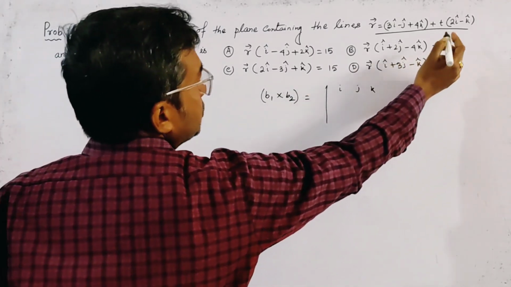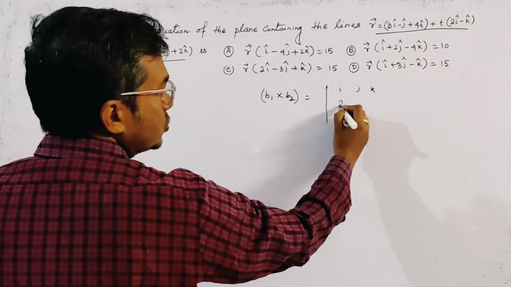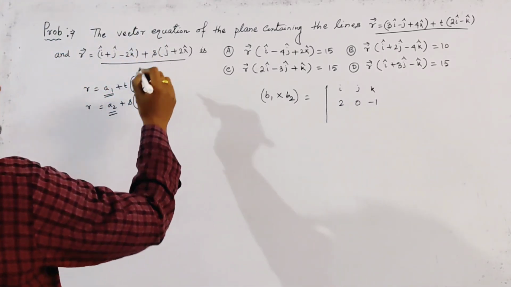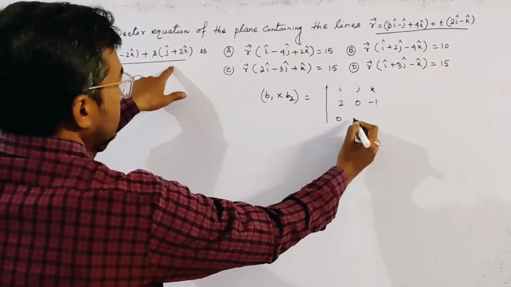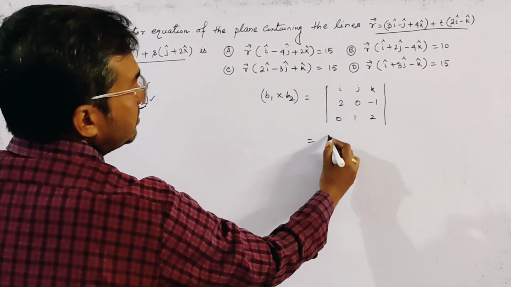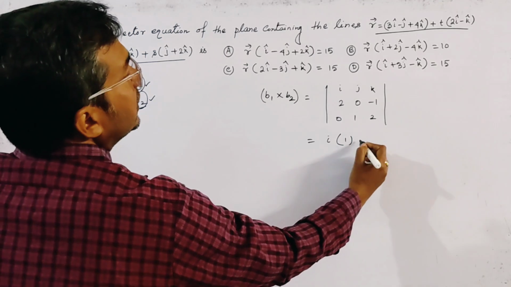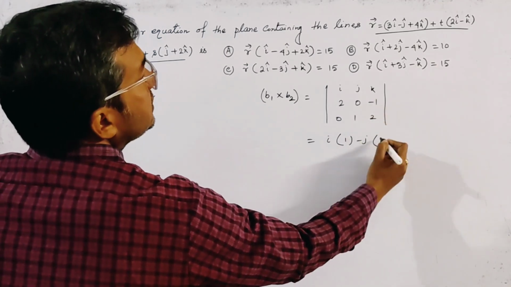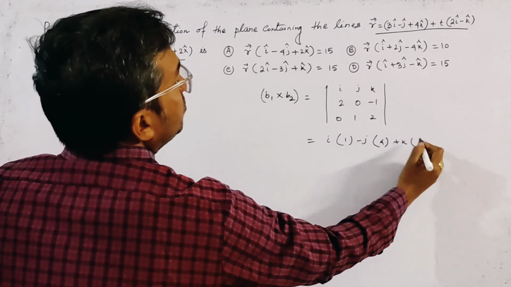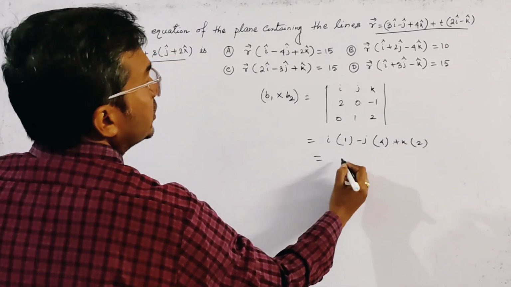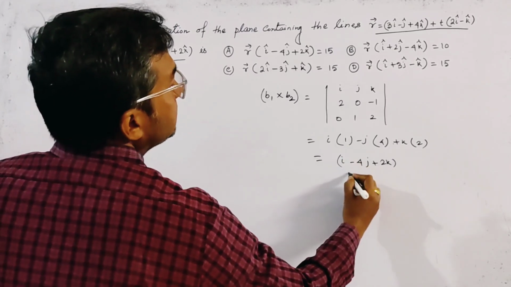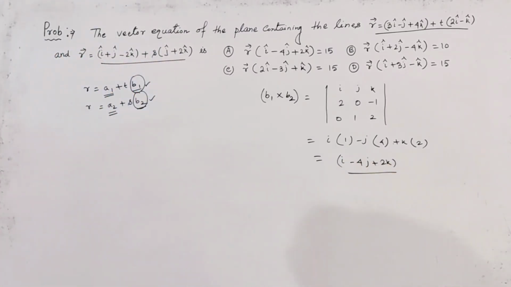The first vector is 2i minus k, that is 2, 0, minus 1, and the second vector is 0, 1, 2. So we get i into 1 minus j into 4 plus k into 2, that is i minus 4j plus 2k. This is the normal to the plane.